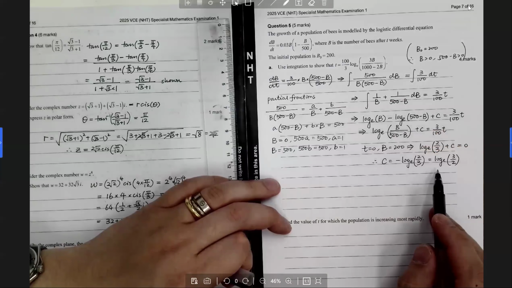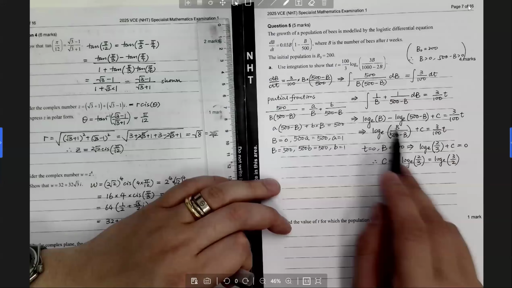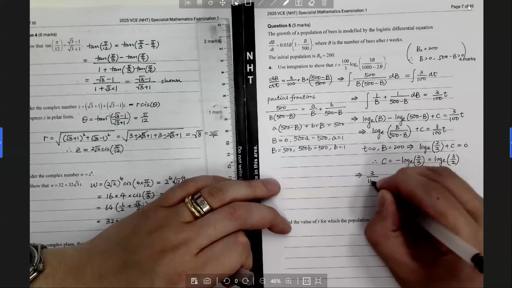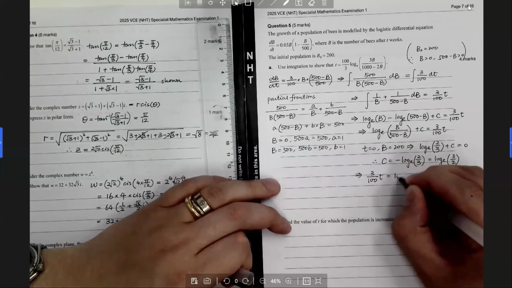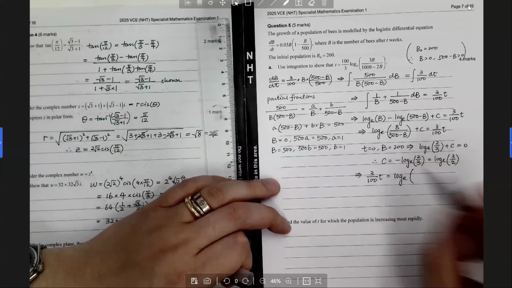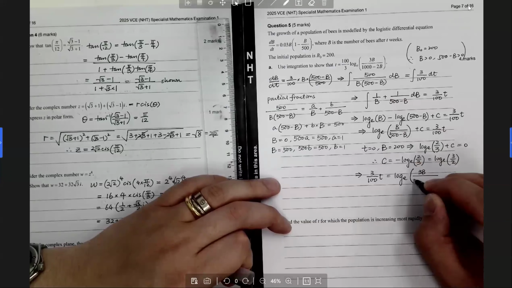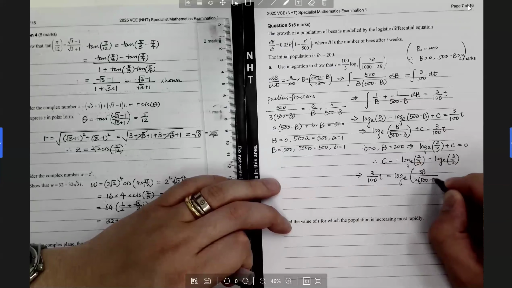Eventually, I found this C, and I put this back to put them together. Therefore, 3/100 t equals just one log_e term, like B times 3/2 times (500 minus B), so 3B divided by 2 lots of (500 minus B).